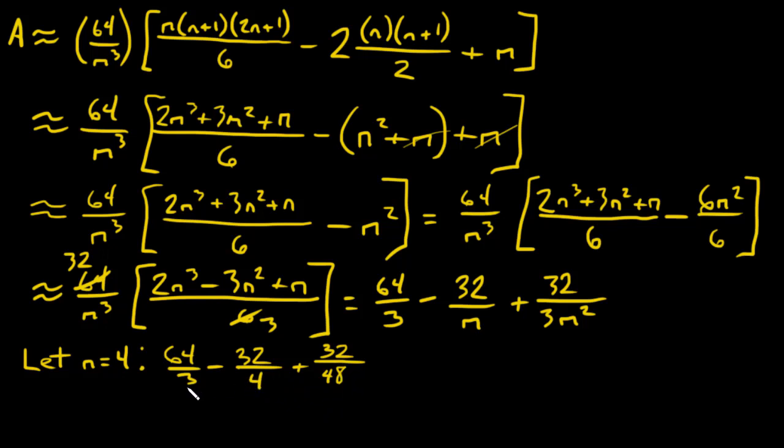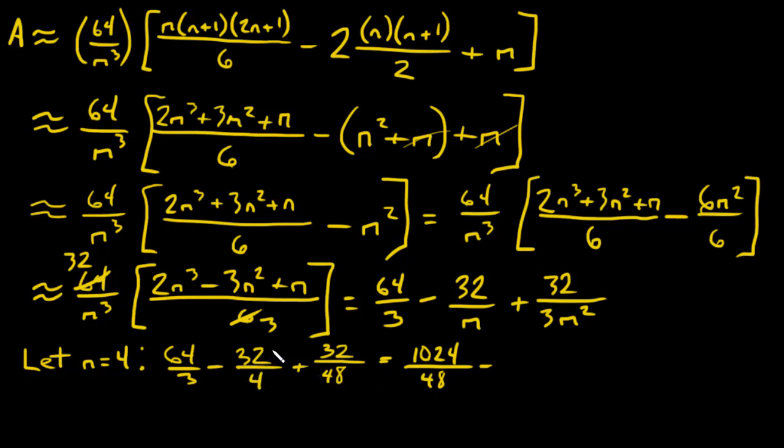So I need to multiply to get a common denominator of, is there anything lower? No, 48 is going to be it. So I have to multiply the 64 by 16. So this is going to be 1,024. I've already done the work, so it looks like I could have just thought, wow, he can multiply that fast. No, I did it on scratch work just a little bit ago.